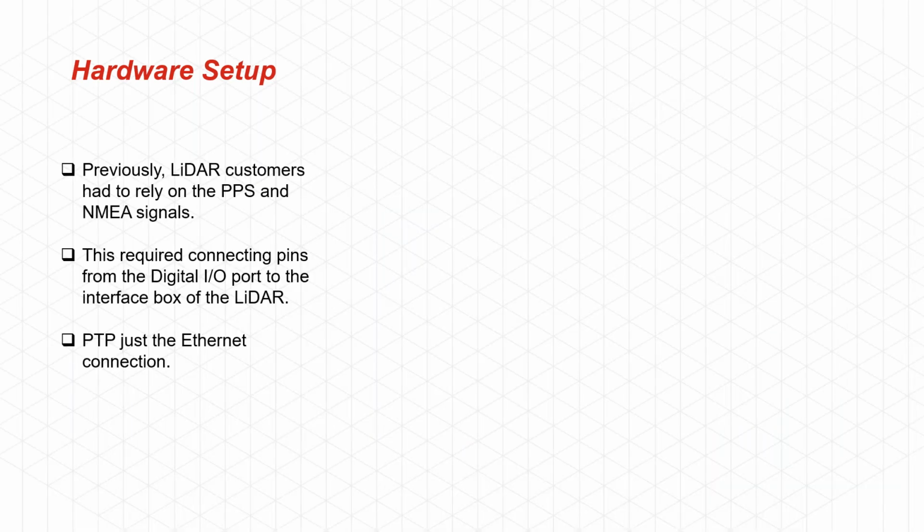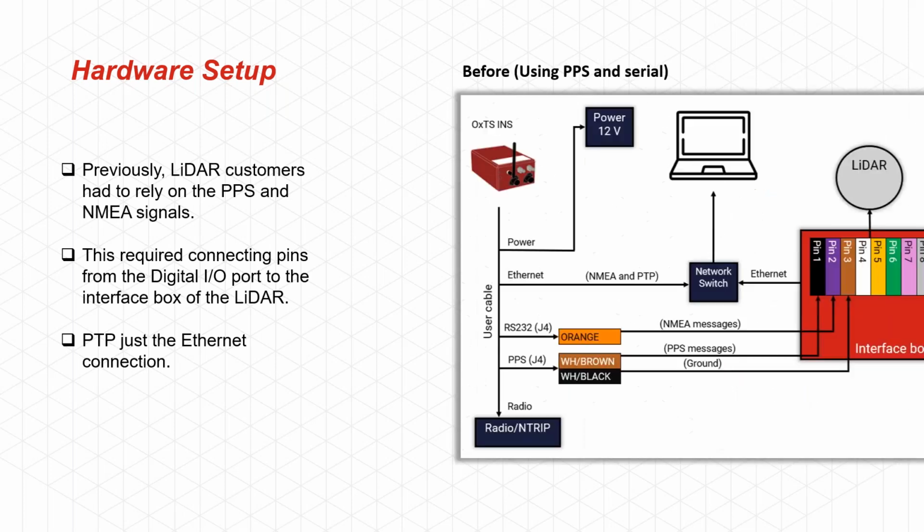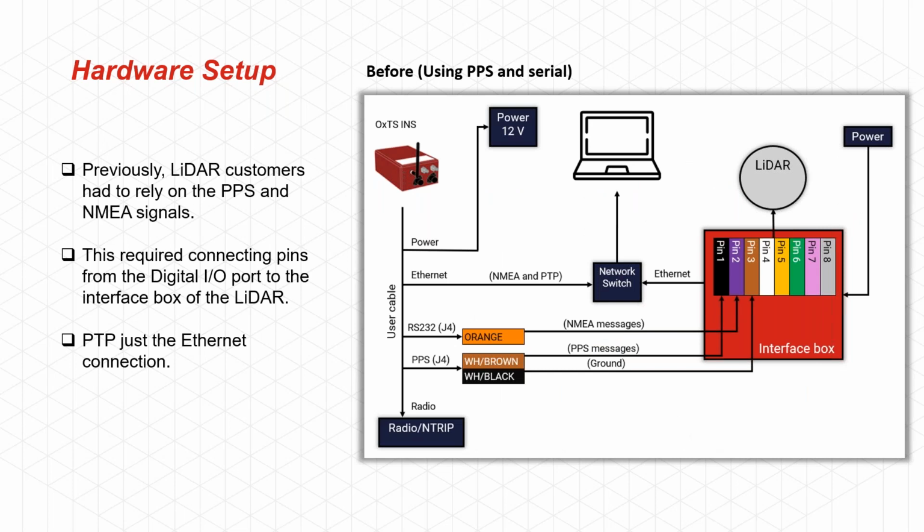So if we compare this hardware setup to previous methods of achieving time synchronization with other products, if we look specifically at the example of LiDAR, LiDAR customers used to have to use the PPS pulse, which was output from the digital I/O port of the user cable.